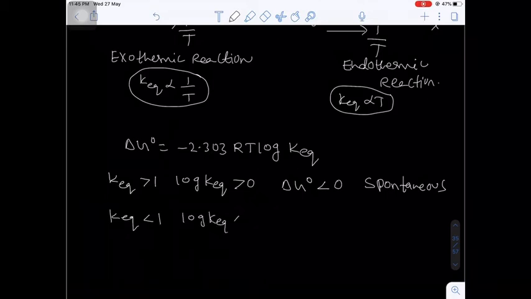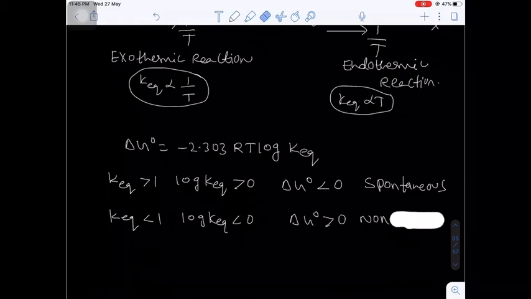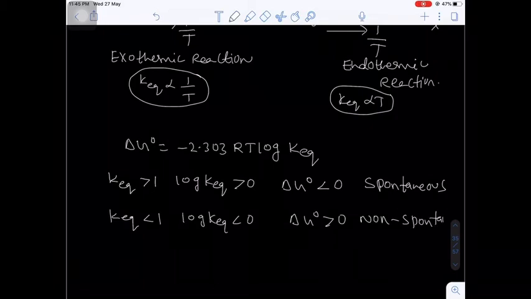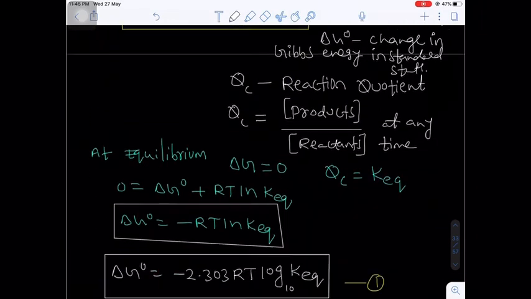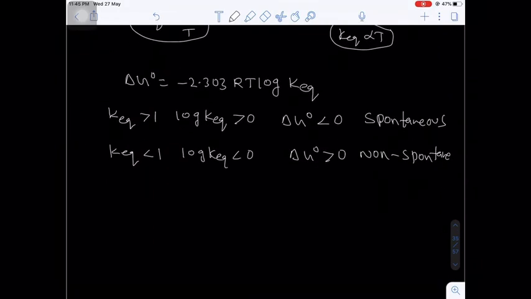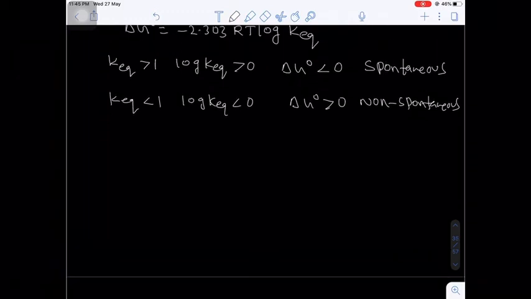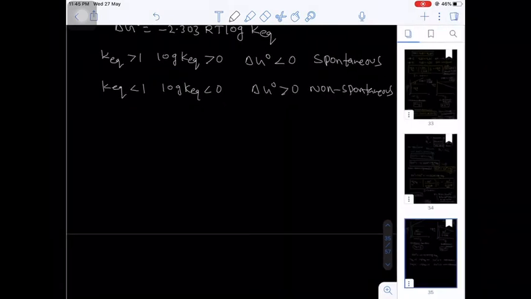If K equilibrium is less than 1, then log of K equilibrium will be negative. Negative into negative becomes positive, so delta G naught is positive. The process becomes non-spontaneous. Are you getting my point?